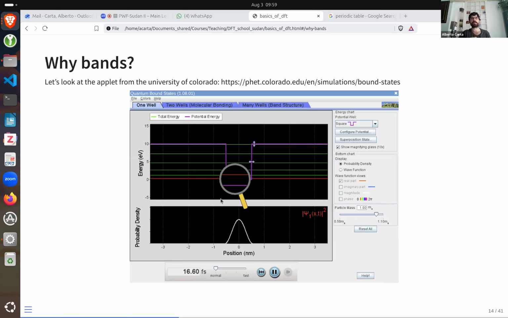So do you think the number of states will increase or decrease if I add more quantum wells? Okay, any intuition? Anyone who is not shy?